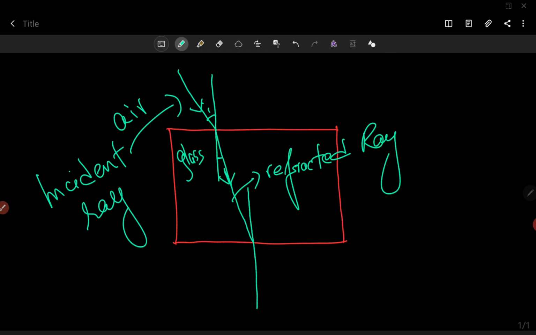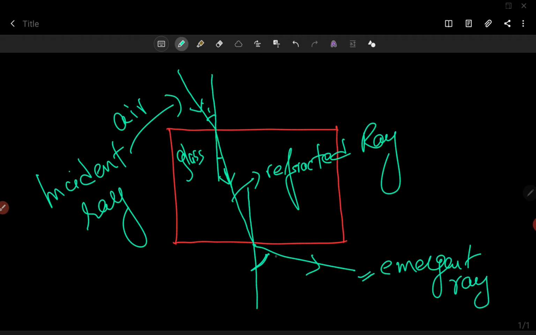So now again the ray wants to come out from the glass slab. While it is coming out, the third ray is formed, which is known as the emergent ray, and it also forms one angle E, known as the angle of emergence.